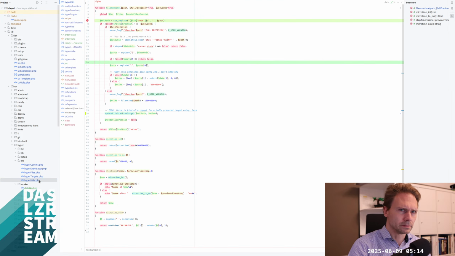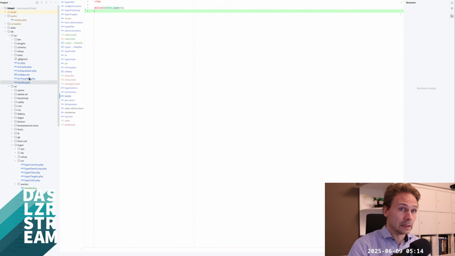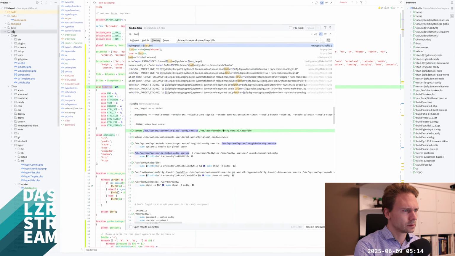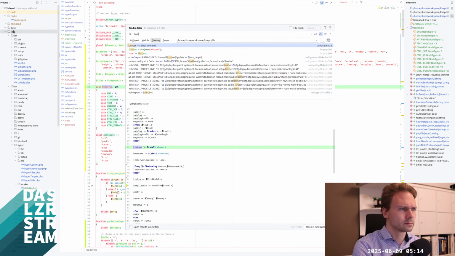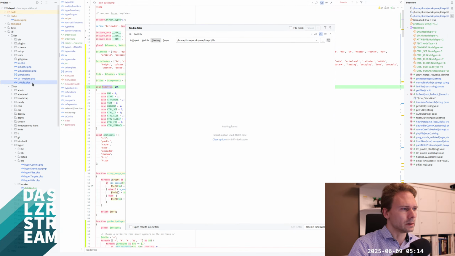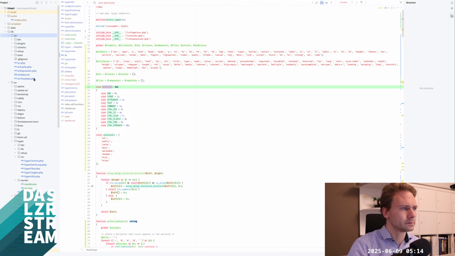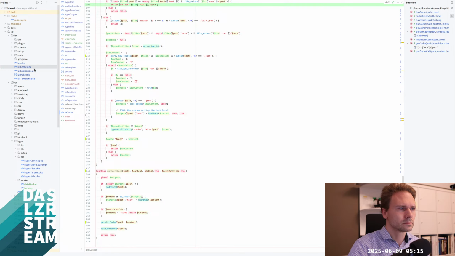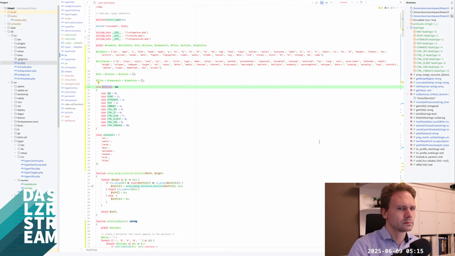Where do I have that? Is it a laser? Or did I remove this but not remove it? Here's the hooks.